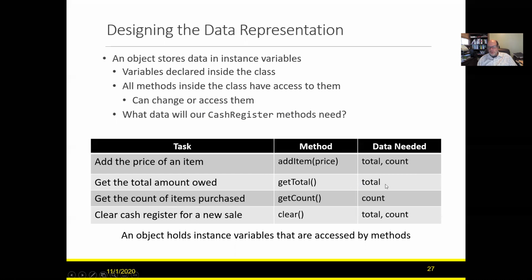If I want to get the total, I need the total. If I need to get the count, I need the count. If I clear it, I need to reset my total and the count. This is the high level, top-down way that we're going to figure out our instance variables.